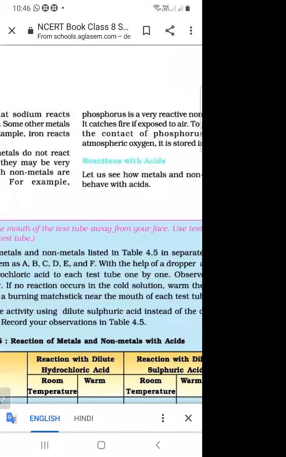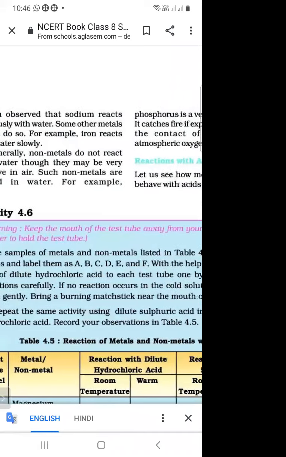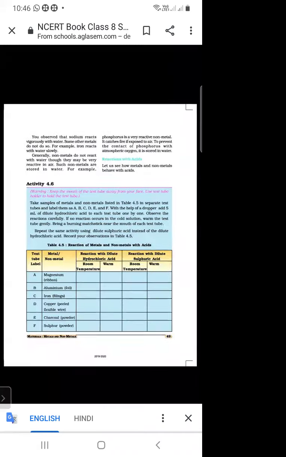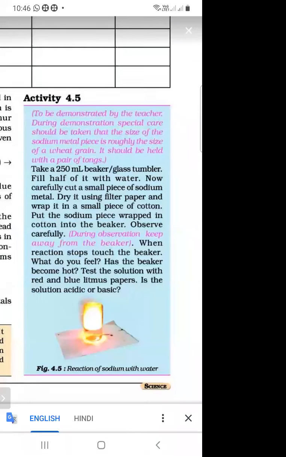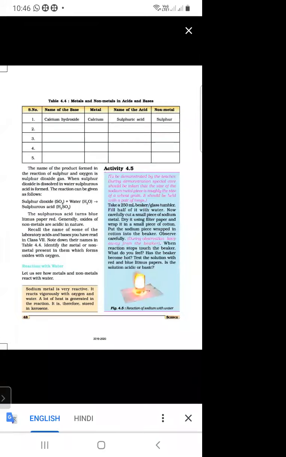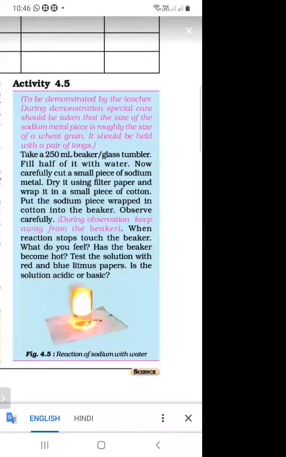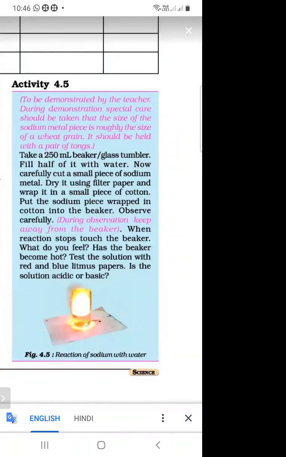So, there are some questions. First question: do metals and non-metals react with water or not? Answer: metals react with water, some very vigorously and some very slowly.